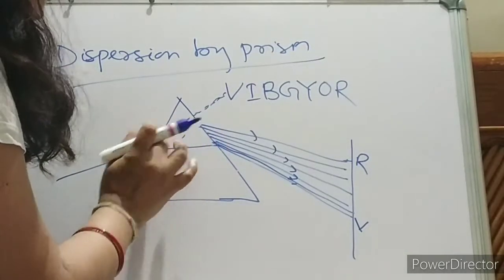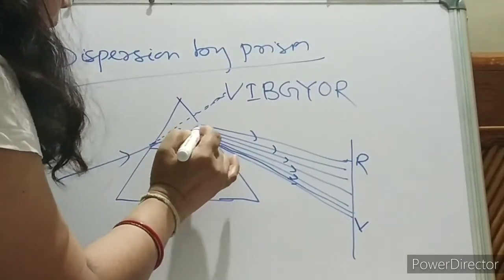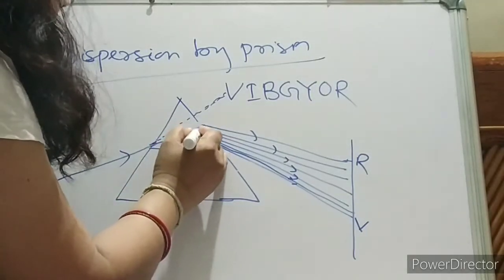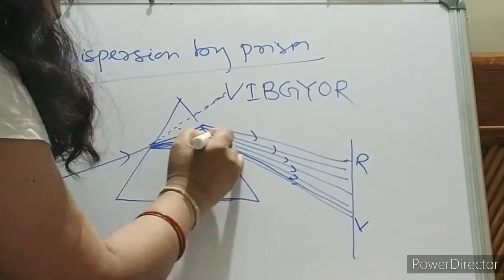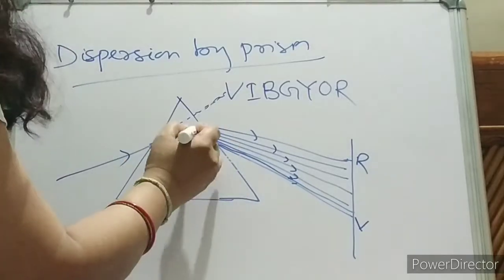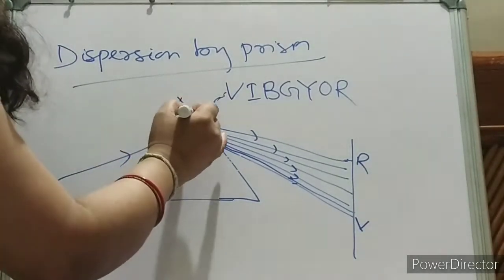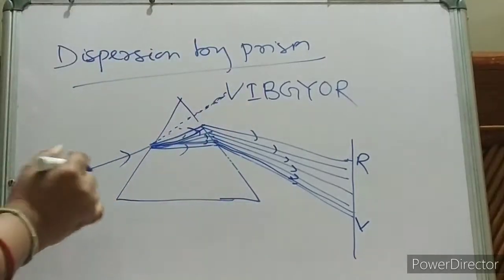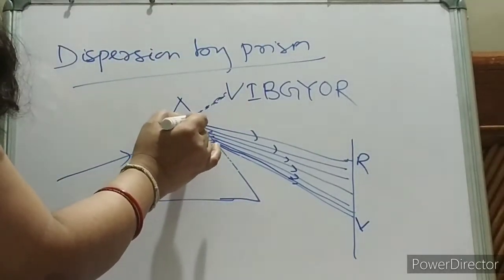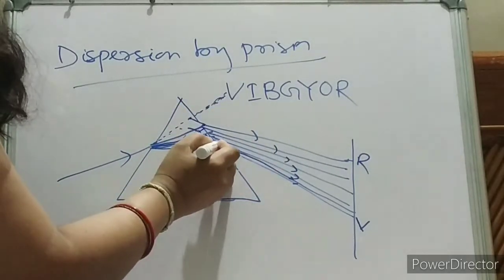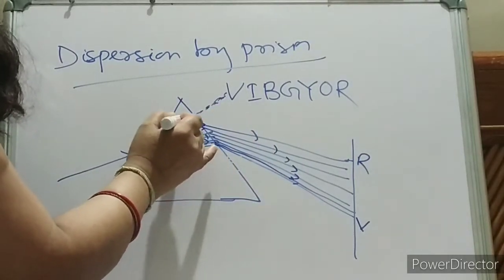So you can see, let me draw nicely. Now see, this is your undeviated ray. Now see the deviation of the red color and the violet color.